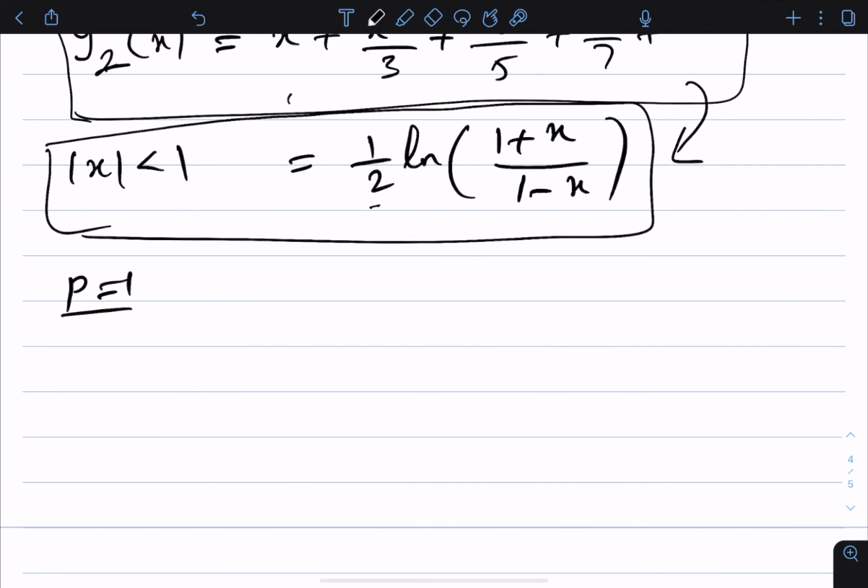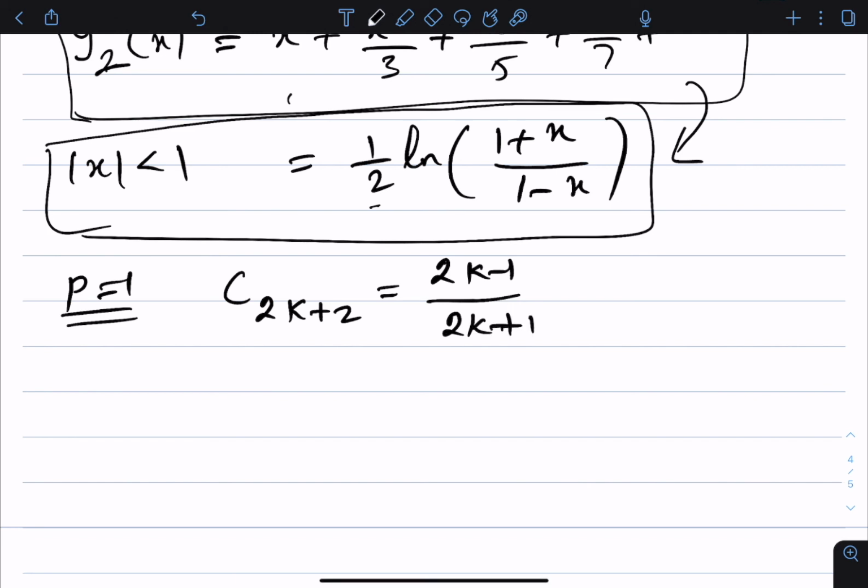Now let's do the case p equal to 1. So you repeat the process. When you put p equal to 1 in the formula, you get this relation for the coefficients, right? 2k minus 1, 2k plus 1, c_2k, and this is true for all k equal to 0, 1, 2 and so on.